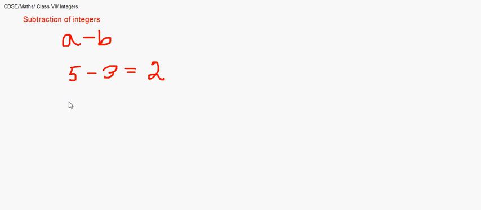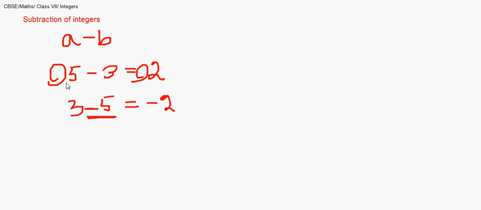Now if this is the other way around, 3 minus 5, what we do is we subtract them, like 5 and 3 gives you 2, that's a subtraction. But the greater number here had carried plus, so your answer had an implied plus. Here the greater number is carrying a minus, which is 5 is carrying a minus, so the answer will be minus 2.